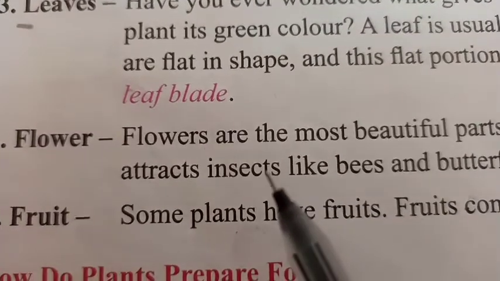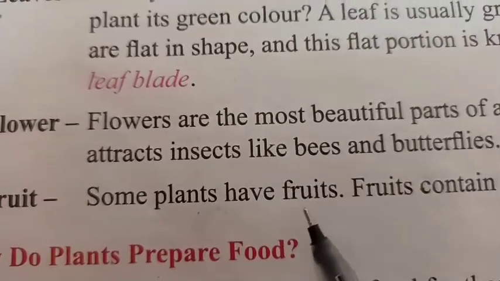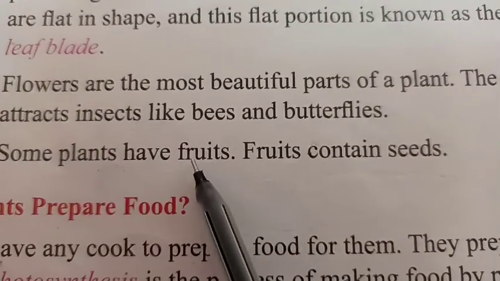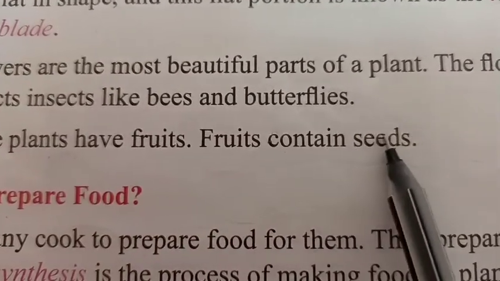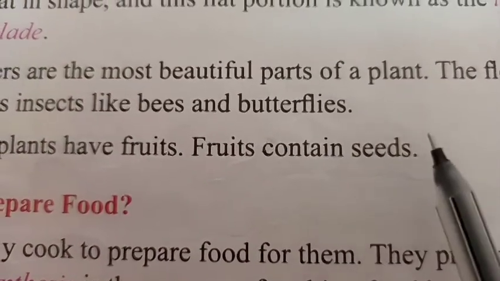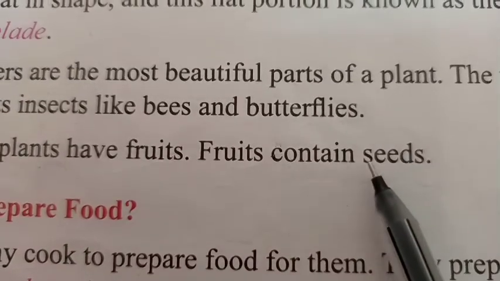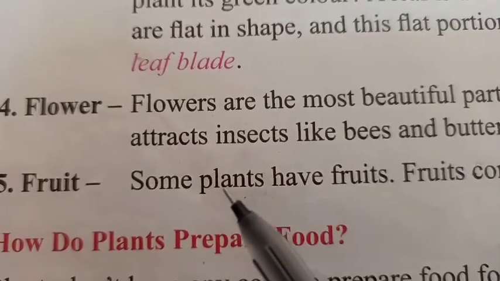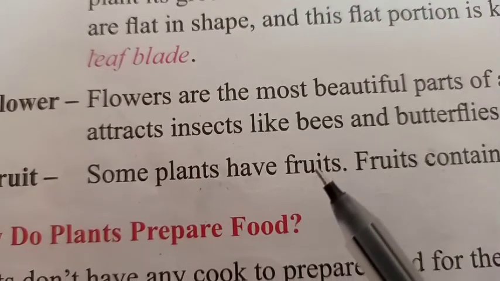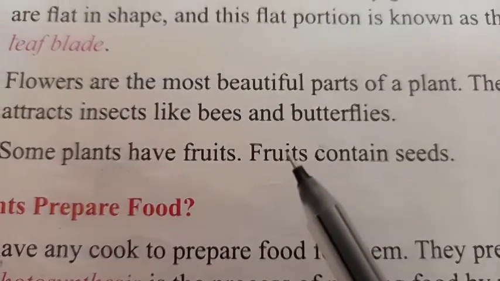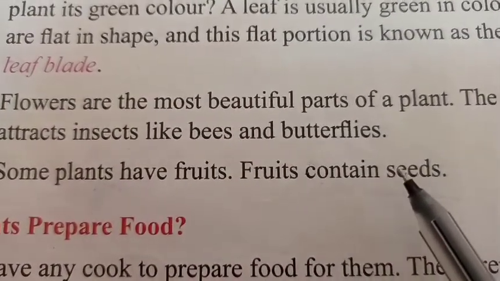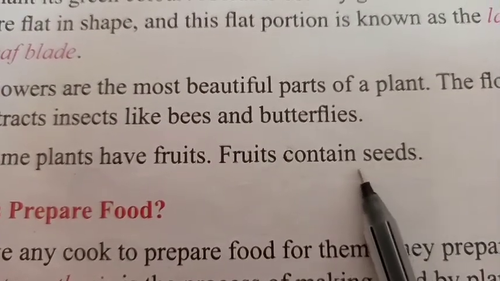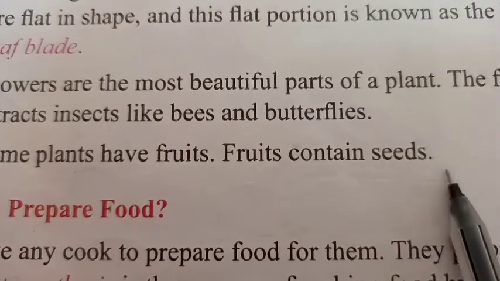After the maturation of a flower, fruits develop, and most of the fruits contain seeds inside them. Fruits are the main parts through which plants produce seeds, and seeds are important to complete the life cycle of a plant.